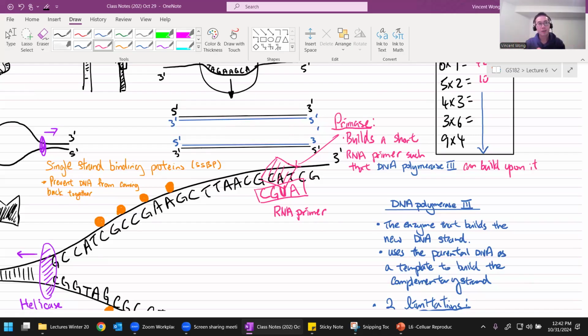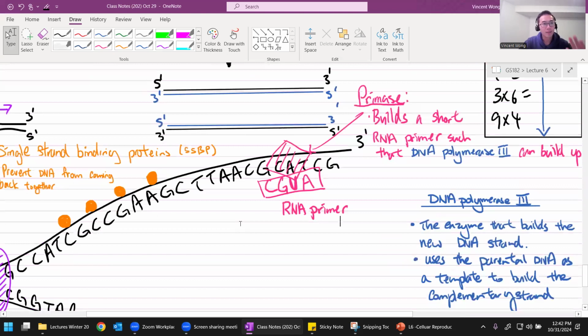Everybody good so far? All right. Now I have another question for you. I'm going to run a poll. Please participate if you can. If you don't see the poll, you can type me the answer. I just need to know what you guys are thinking so I know if you understand it. Now, the black strand here is the original DNA, right? It's the one we're trying to make a copy of.